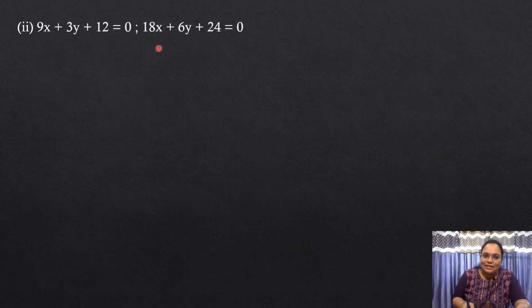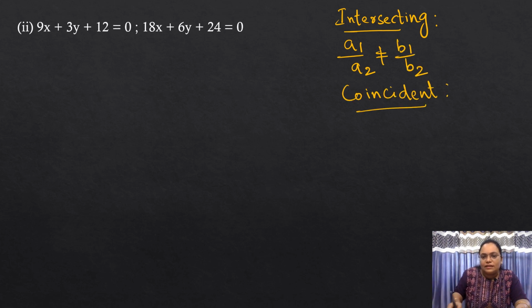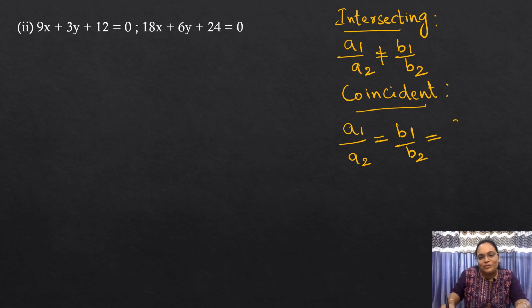Now let us do for the second one. What is the condition for the intersecting line? A1 by A2 is not equals to B1 by B2. For the coincident line, it is A1 by A2 is equals to B1 by B2 is equals to C1 by C2.